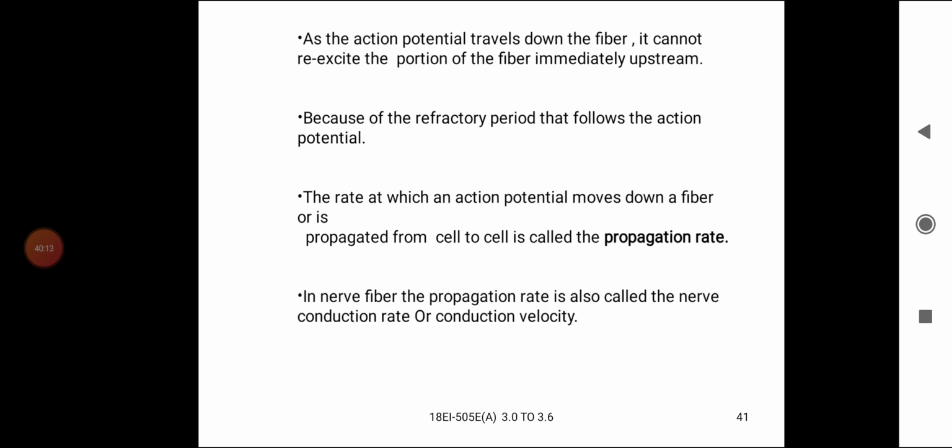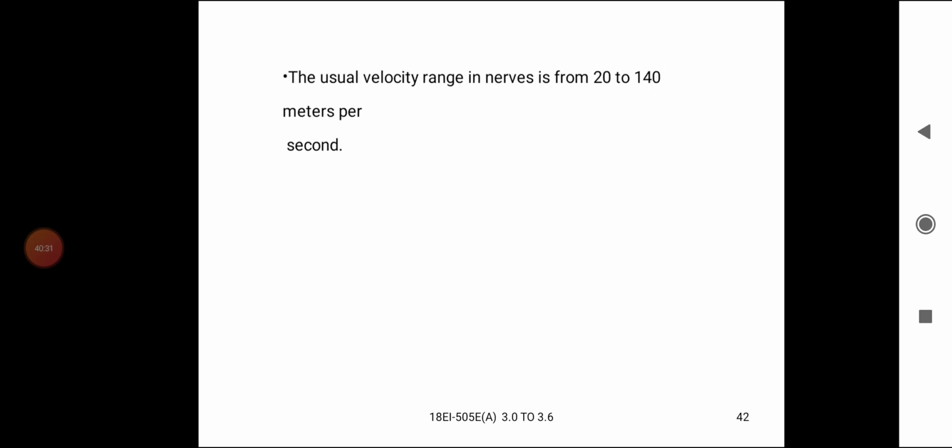In nerve fiber, the propagation rate is also called nerve conduction rate or conduction velocity. This varies widely depending on the type and diameter of the nerve fiber. The usual velocity range in nerves is from 20 to 140 meters per second.